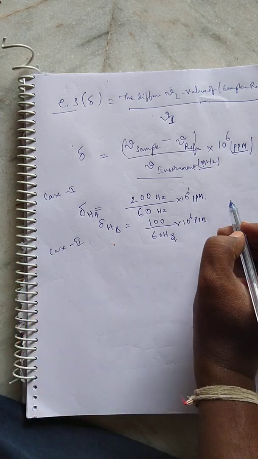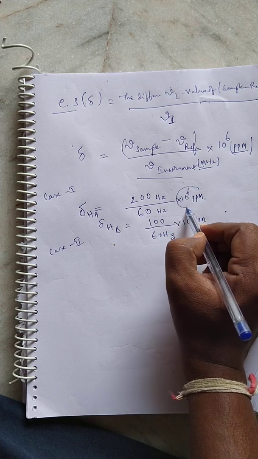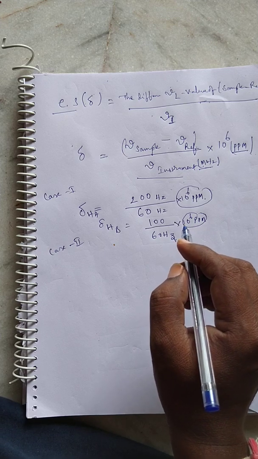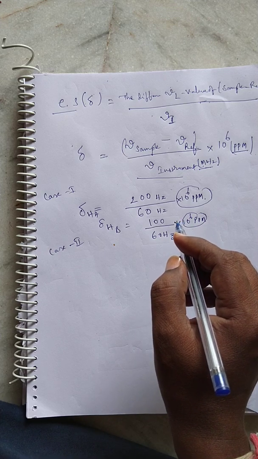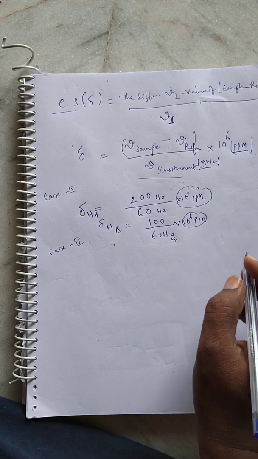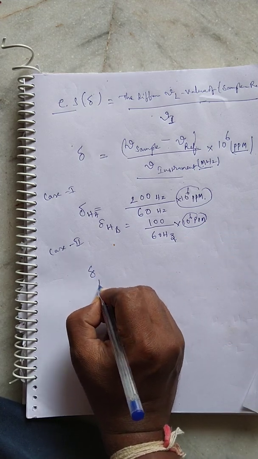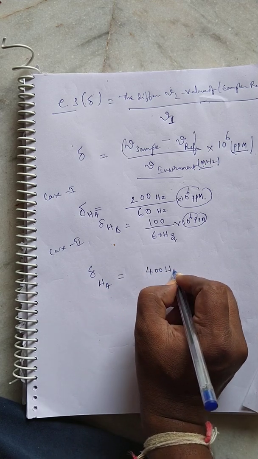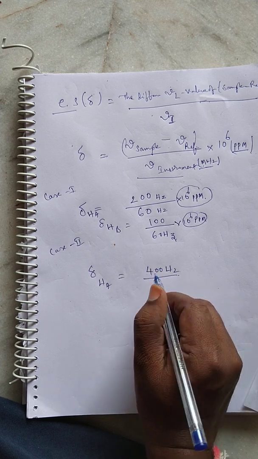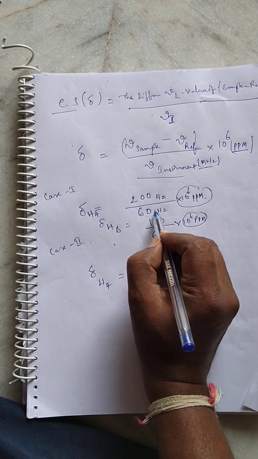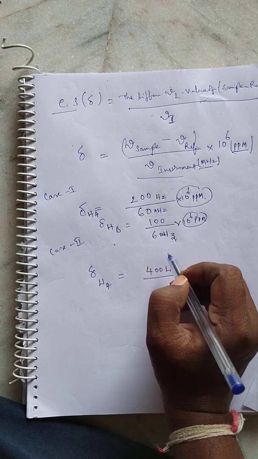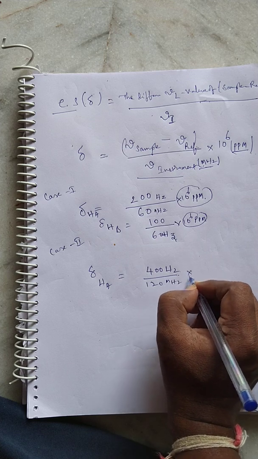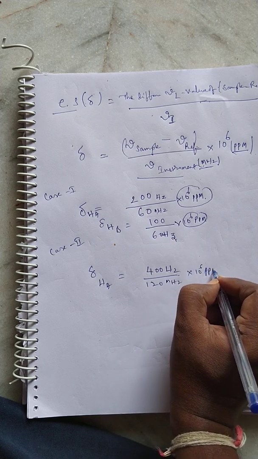Now and then we generally do not use this term, but you should remember this term, right? And in case 2, delta HA, the difference is 400 hertz, and the source is at 120 megahertz, so 10 to the power of 6 ppm.